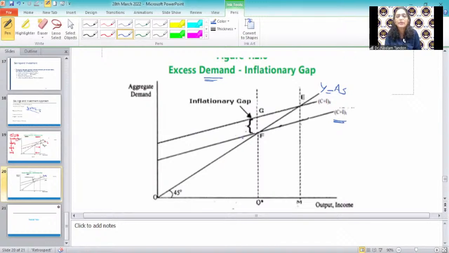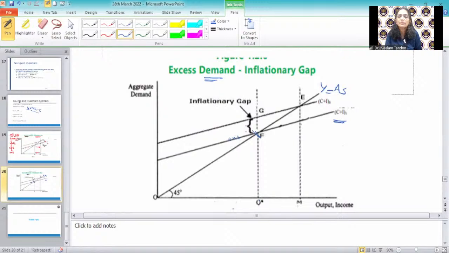At point F, aggregate supply is equal to aggregate demand, and the economy should perform at Q asterisk.